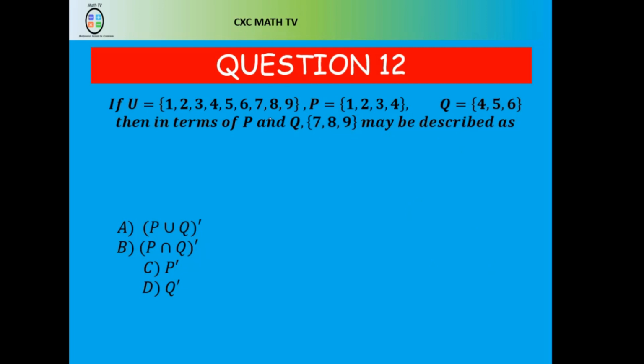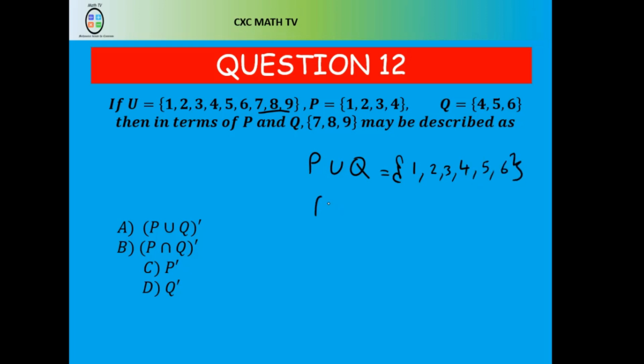Question 12. It says, given this universal set U, P and Q, in terms of P and Q, 7, 8, 9 may be described as. Now what do we notice about 7, 8, 9? It's not in P and it's not in Q. If we combine P union Q, you would get 1, 2, 3, 4, 5, 6.